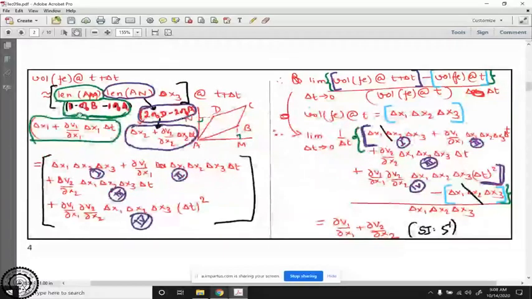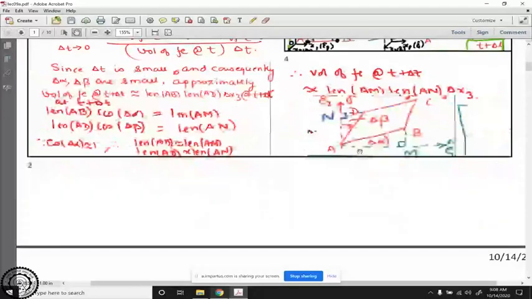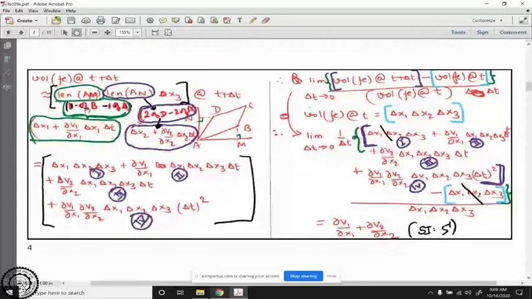Length of AM, I can approximate as 1 coordinate of B minus 1 coordinate of A. And length of AN will be 2 coordinate of D minus 2 coordinate of A. Going back here, 1 coordinate or length of AM is 1 coordinate of B minus 1 coordinate of A, and length of AN is 2 coordinate of D minus 2 coordinate of A. And by 1 I mean first, by 2 I mean second coordinate. All right, so this is how we will get these length AM and length AN.